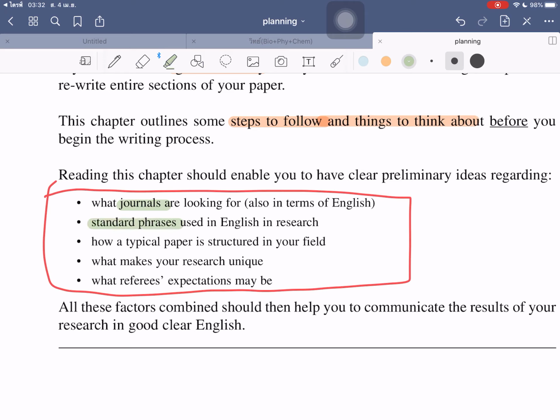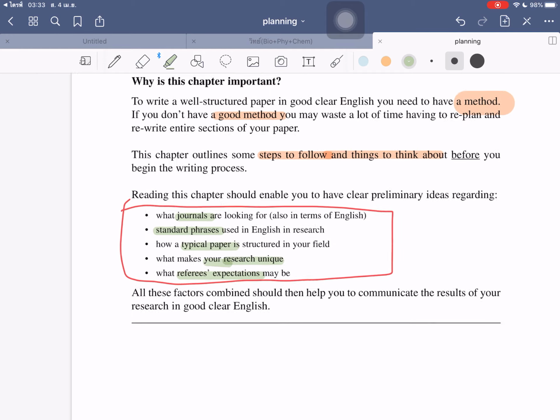It means the sentences you can use when you write an English paper, and the way a typical paper is structured in your field, especially in English language teaching. Then, what makes your research unique? It means uniqueness: what makes your research outstanding, different from other research. And then you have to think about the referee expectations: what does the reader want to know about your research?